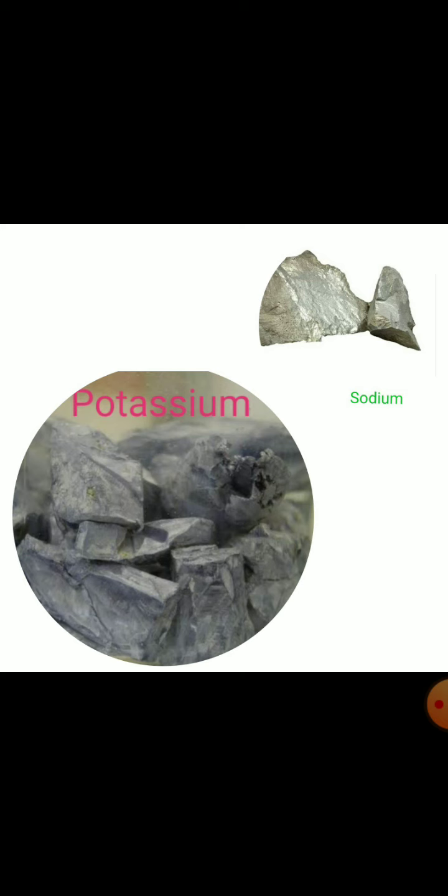An exothermic reaction is a reaction in which heat is released during the reaction. So, in the case of potassium and sodium, the reaction is so violent, so strong and exothermic. It produces heat also, and because of this, the evolved hydrogen gas immediately catches fire.